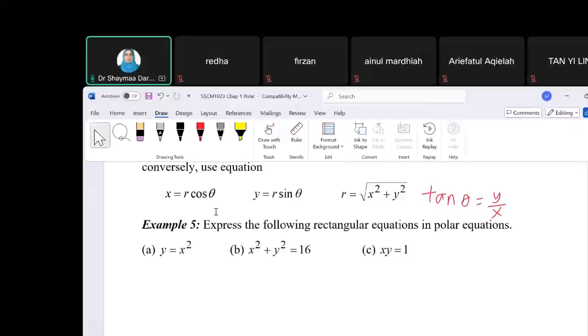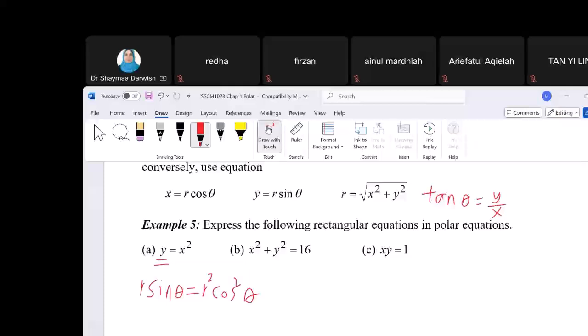Y equal to x squared, using the same relations. So I will replace y by r sine theta, and I will replace x squared by r squared cos squared theta.